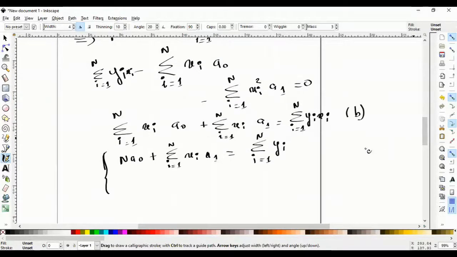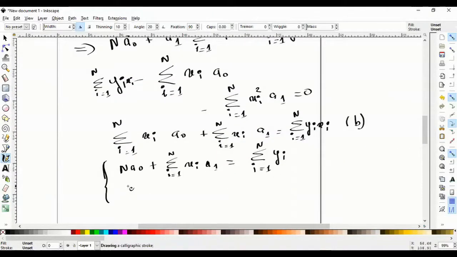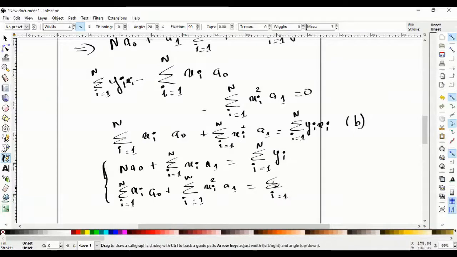And then for the second equation, the sum of i equals 1 till n of xi a0 plus the sum of xi square a1, i equals 1 till n, equals the sum of i equals 1 till n of xi yi.